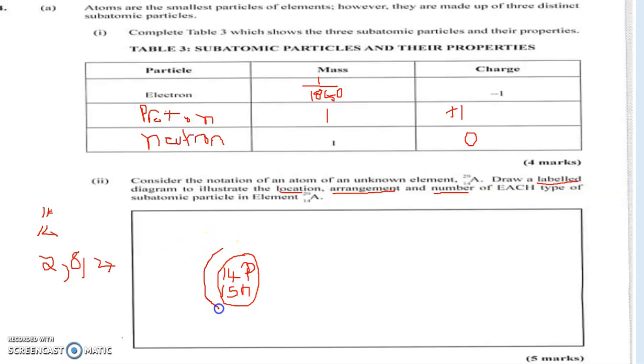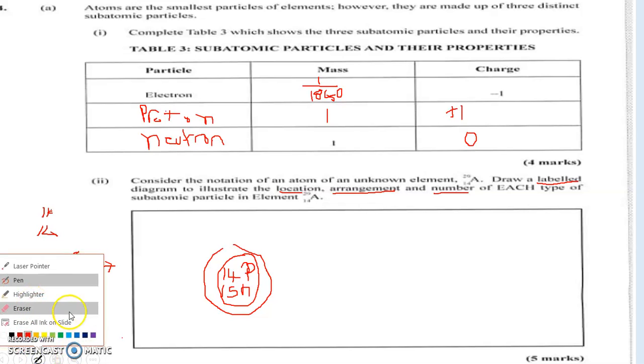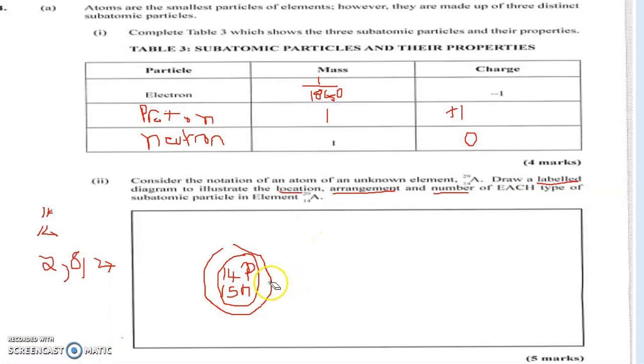Now on the first shell, we have 2 electrons. So let's just draw our first shell. It's a little bit messy. So our first shell having 2 electrons.